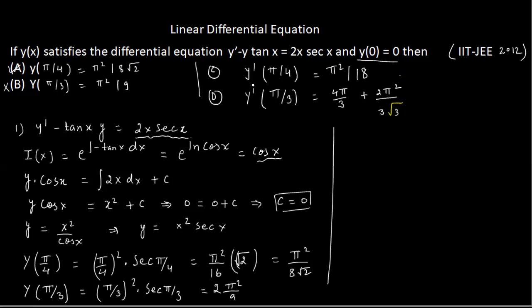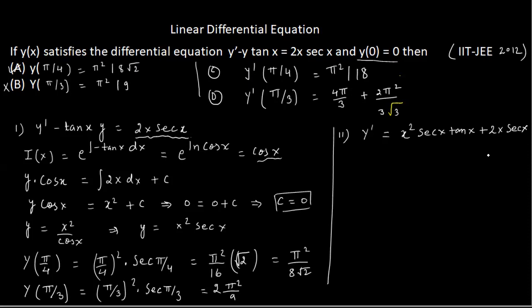Again, in order to see whether option C or D is correct, or both of them, we need to find y prime. So y is x square sec x. Let us differentiate this by using the product rule. So it becomes x square, the derivative of sec x, which is simply sec x tan x, plus 2x into sec x.